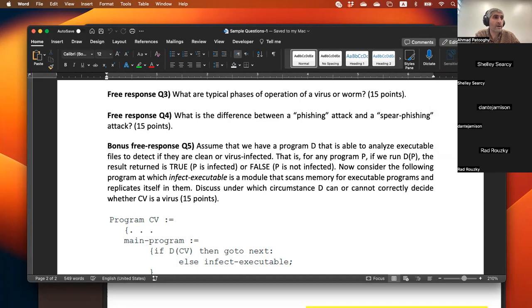However, in spear phishing, the attacker has a targeted victim. It might be a single victim, or a number of victims, that has been identified by the attacker ahead of time.